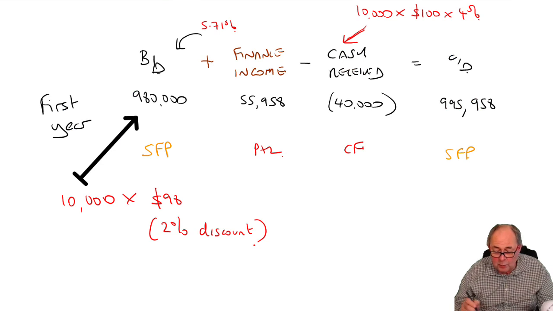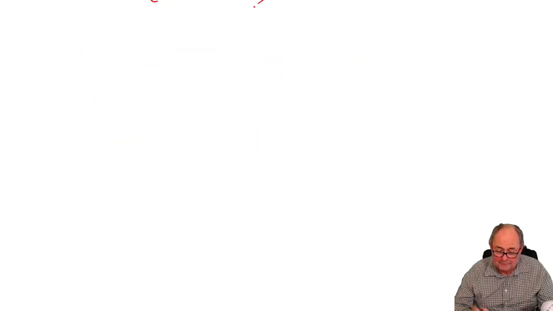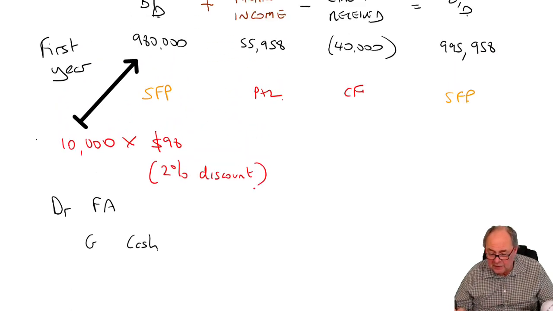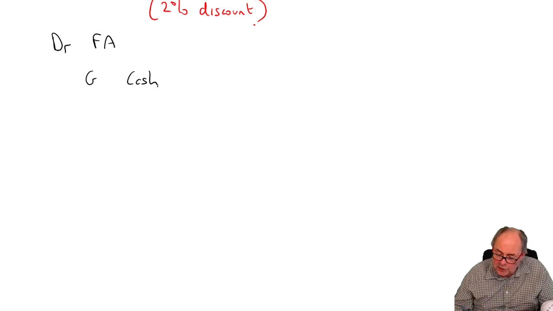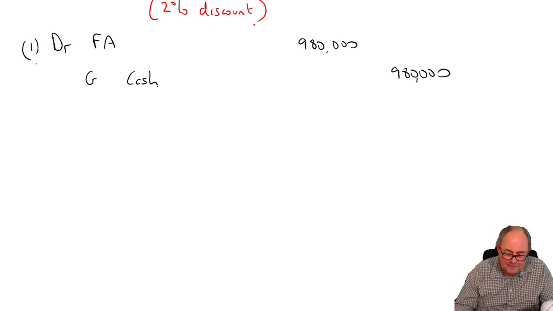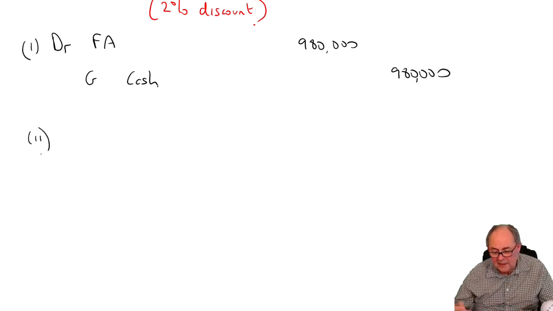Journal-wise, though, what's happening here is that initially you have debited, I'm going to put FA for financial asset, and credited cash with the money that you've actually spent, which was 980,000. Secondly, you've got your finance income.